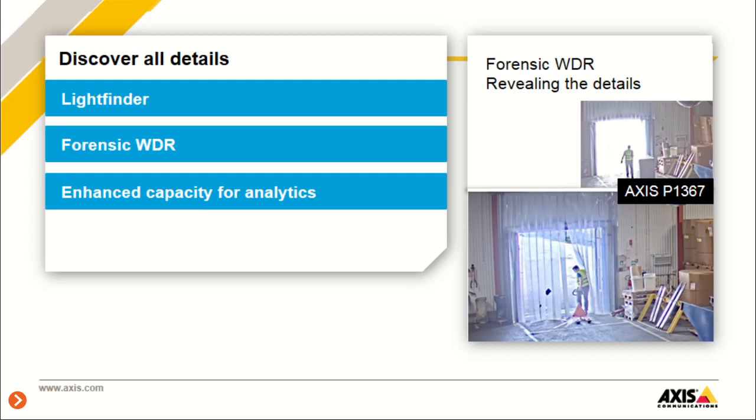So these are really light sensitive cameras, which of course is quite nice in case you have a parking garage, and now we're going into the winter period, unfortunately, and we see that of course there's less light available, so it's really nice if your cameras can still see something. And on the other side you see something called Forensic WDR. WDR is a technique, you can see the picture on the right, just explaining it a bit better.